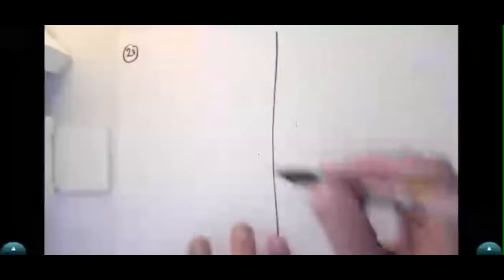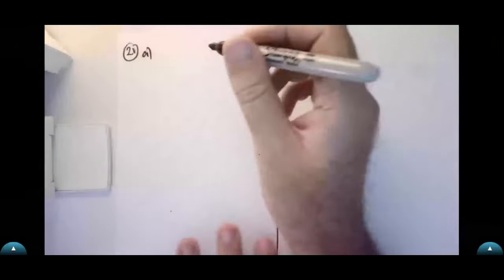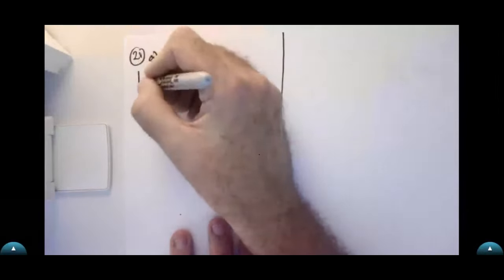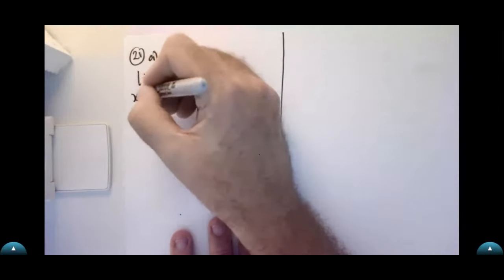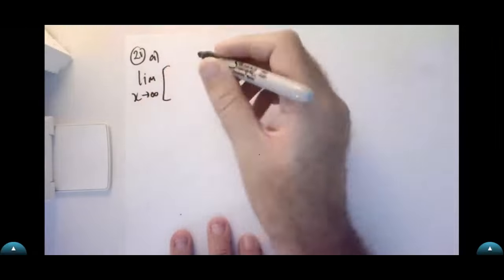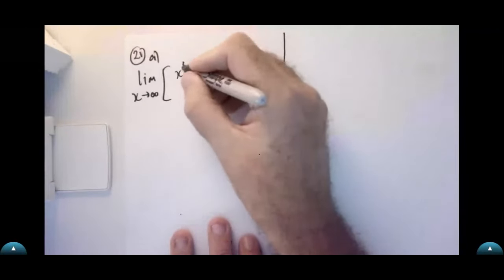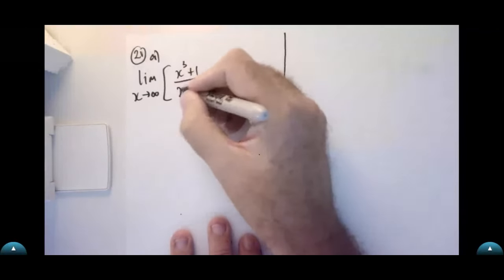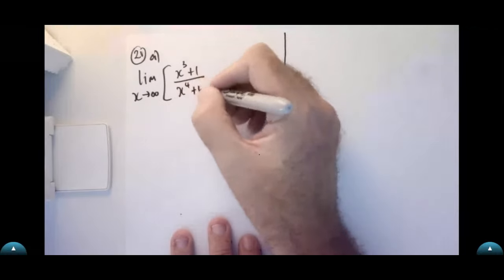Okay, so part A is the limit as x approaches infinity of this.